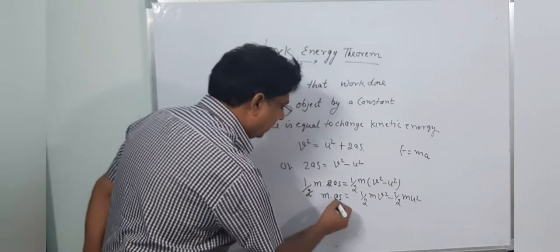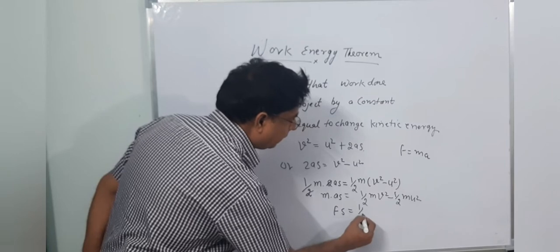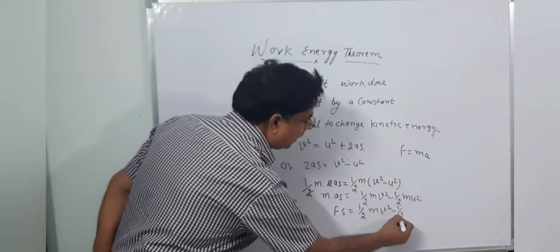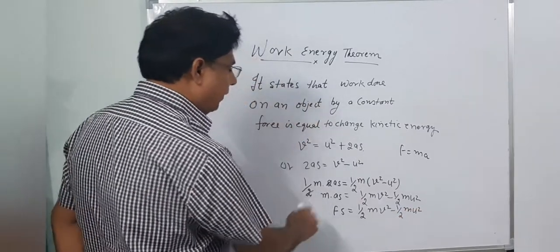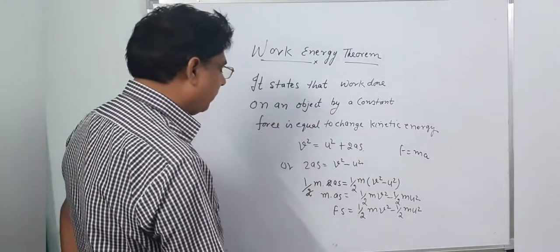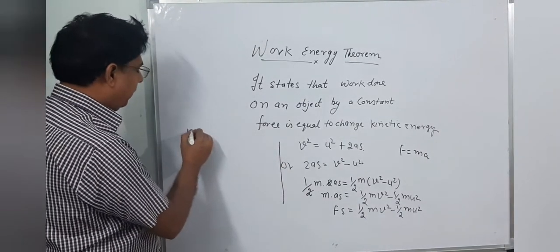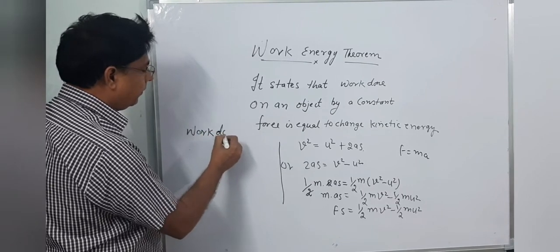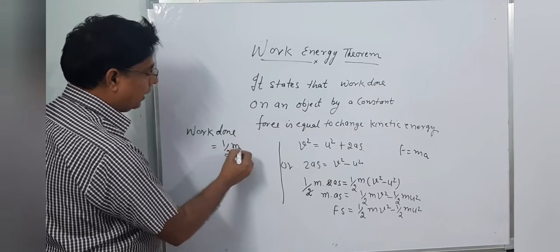So this ma will be equal to F, so Fs equals half mv squared minus half mu squared. This Fs is equal to the amount of work done. So work done is equal to the change in kinetic energy.